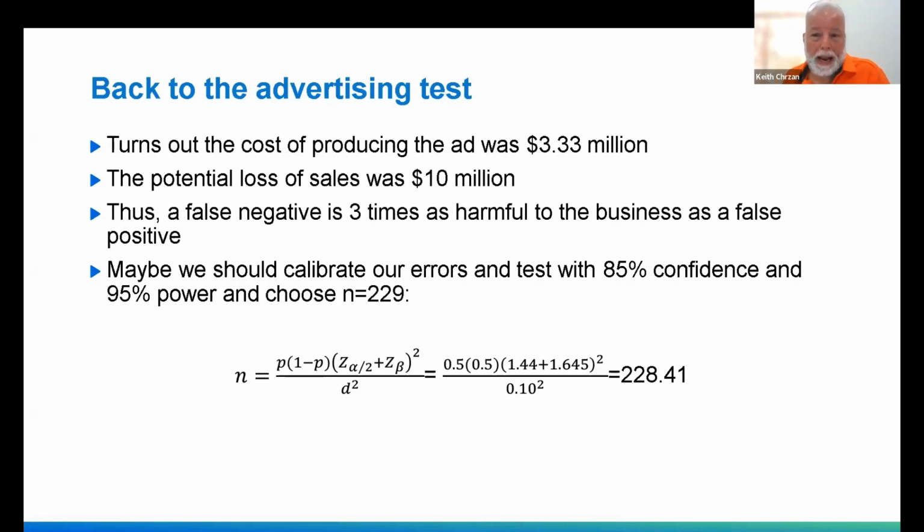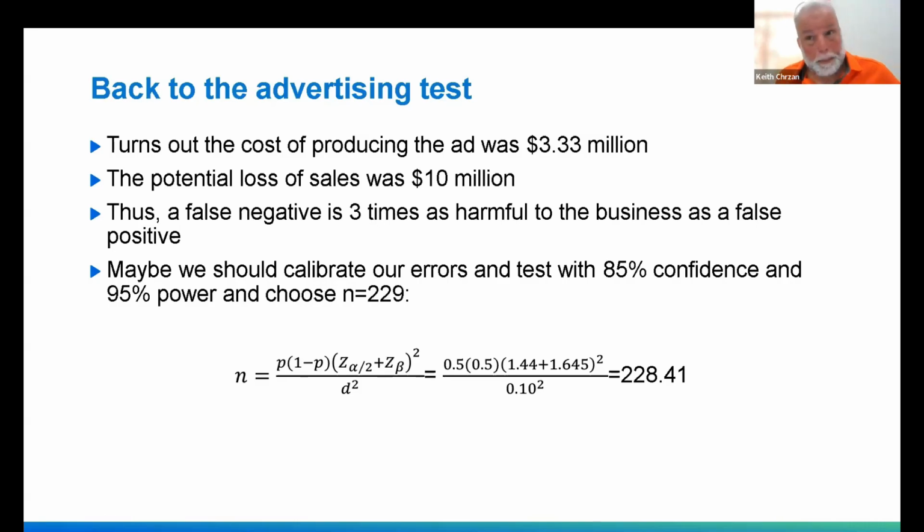Let's maybe test with 85% confidence and 95% power. And if we plug those numbers in there and work the math, we find that we need a sample size of 229.